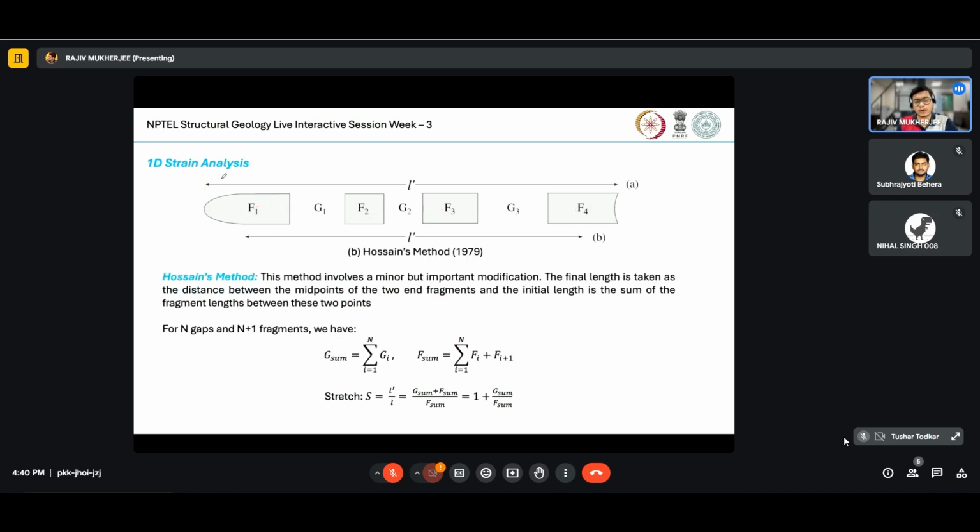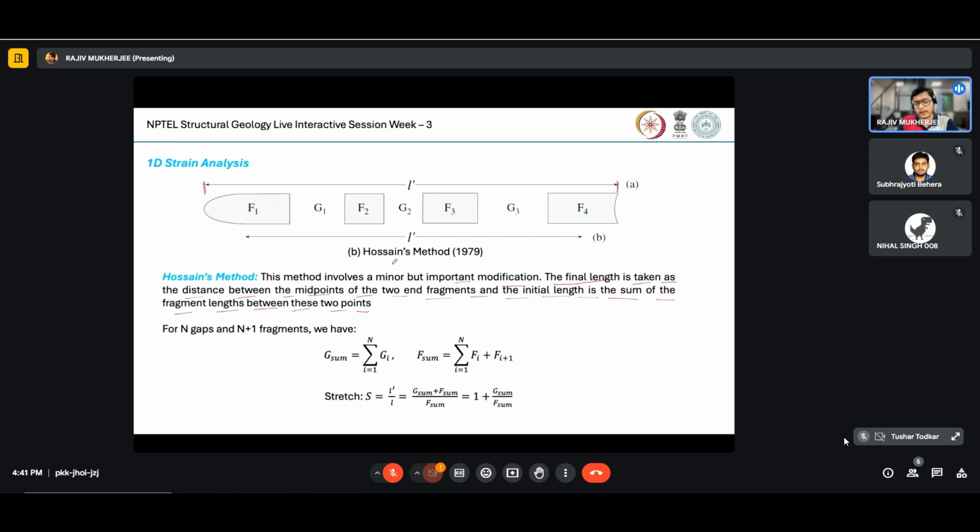And to give an alternative to this problem, Hossain incorporated a minute but important modification into this existing formula. So the final length is taken as the distance between the midpoints of the two end fragments, and the initial length is the sum of the fragment lengths between these 2 points. The previous formula told us that you have to consider the length from this end to this end.